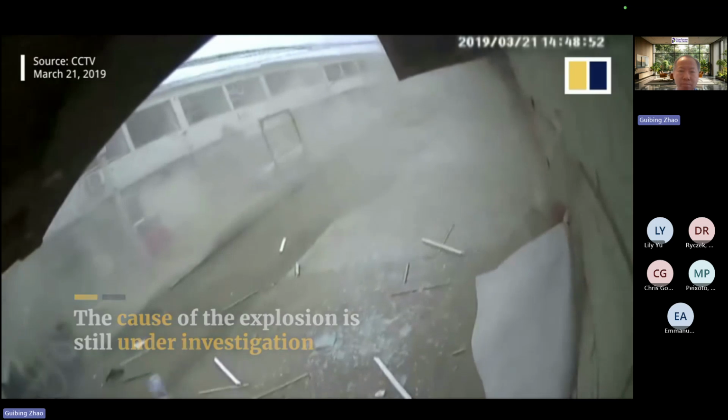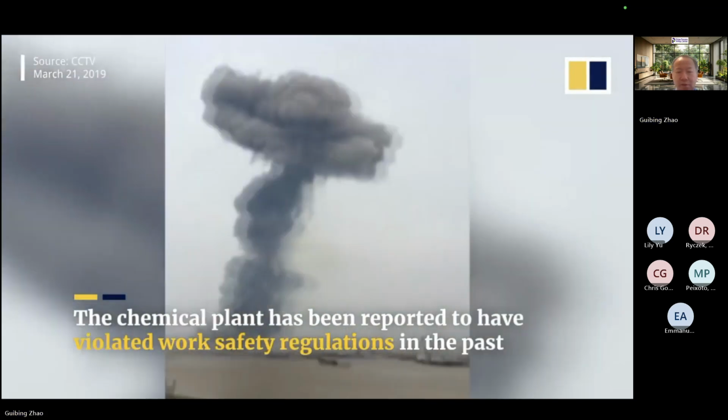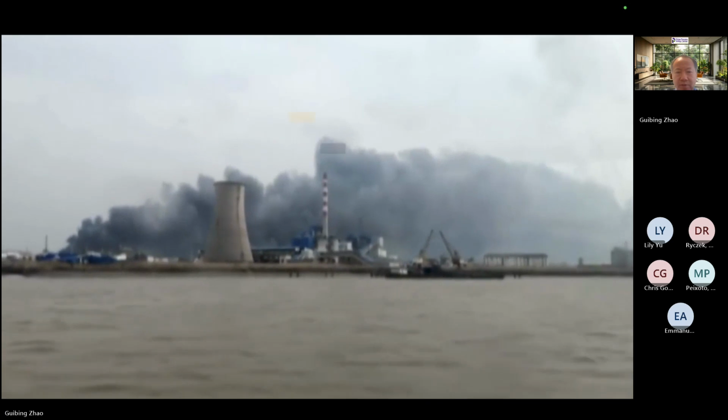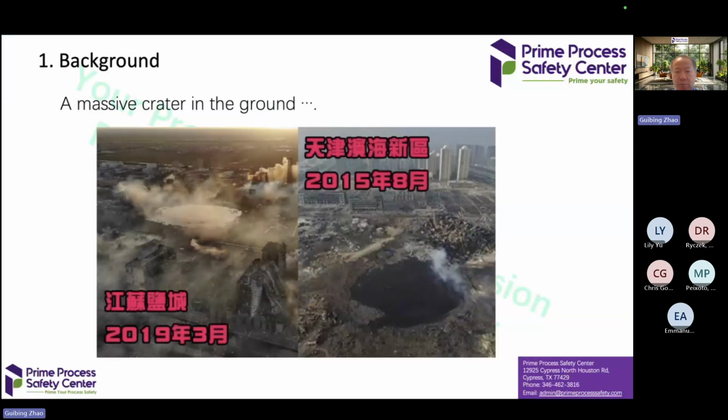This is maybe 5-10 miles away, the area. You can see it's a very bad one, that's from the 2019 incident.